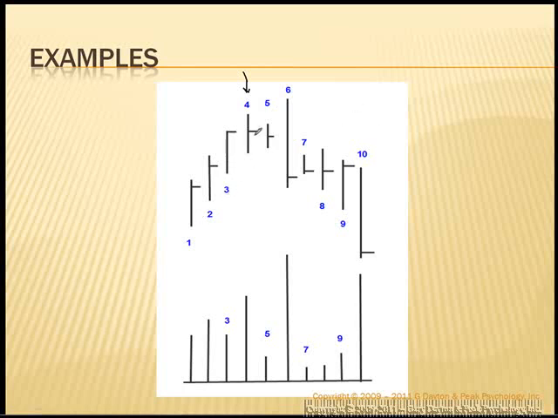I just made this chart up so that we could talk about it, but this is not atypical of anything that we see, and we'll look at a real chart next. Here we're moving up and doing okay, closing firm all the way up, and then suddenly on bar 4 we are not able to make any more progress to the upside vis-a-vis the close, because now we have a level close and the volume has increased.